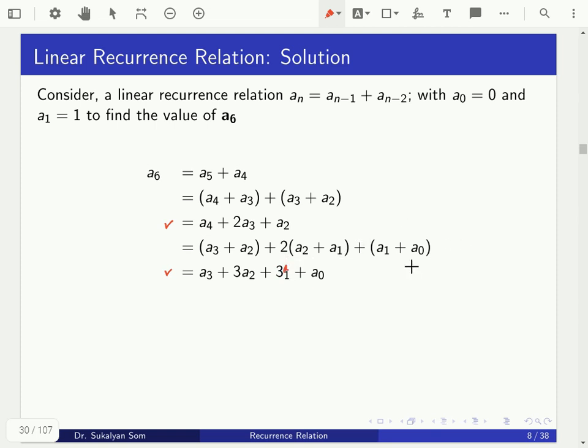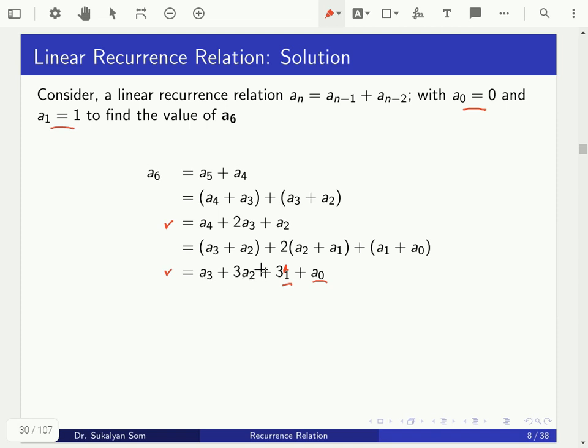Now again the same problem. We know what a0 is, which is given in the initial condition for the recurrence relation. We know what a1 is, which again is given in the initial condition for the recurrence relation, but we do not really know what a3 and a2 are.